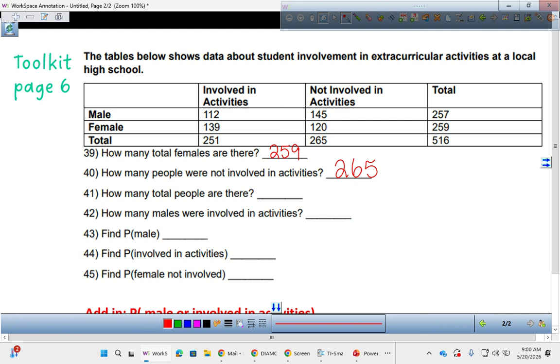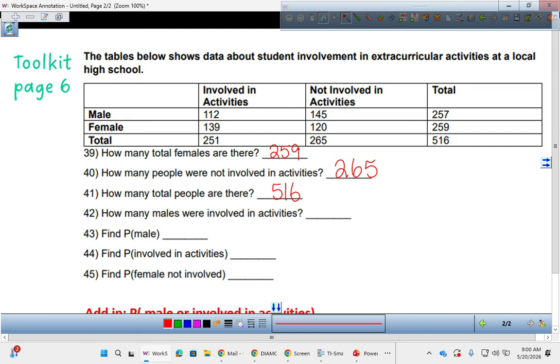It's the 516. Your total is always going to be this bottom right-hand corner number. It's where my total meets my total. So it's my total of the activities meeting the total of the genders in this bottom corner. This number is always going to be your big total. So 516 is the total amount of people.